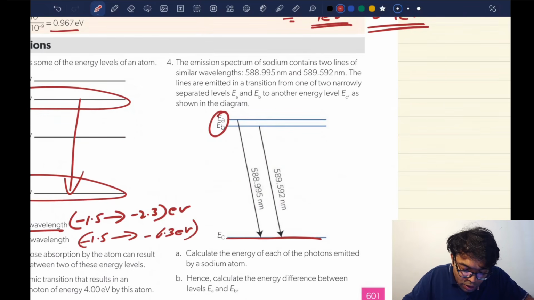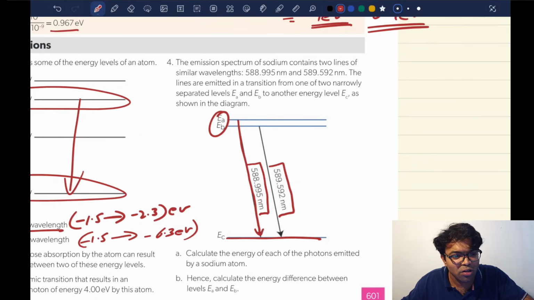So if an electron drops from EA to EC, it releases a wavelength of 588.995. And when it drops from EB to EC, you get 589.592.